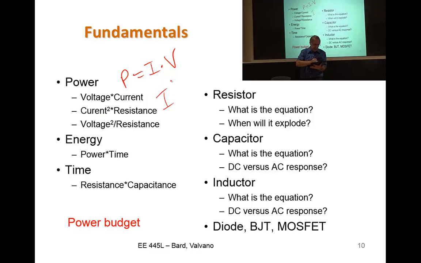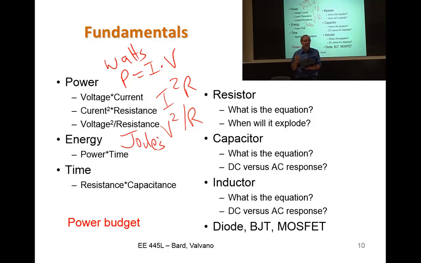If we have a resistor, then we can think of it in terms of I squared R, or V squared over R. If we multiply power, which is in watts, times time, we get joules. This is important because that's what you get when you buy a battery. This is what costs money when you buy it from the electric company. Energy, right? Power times time.